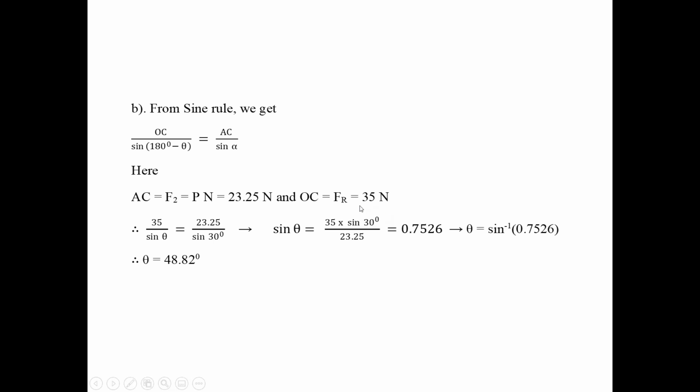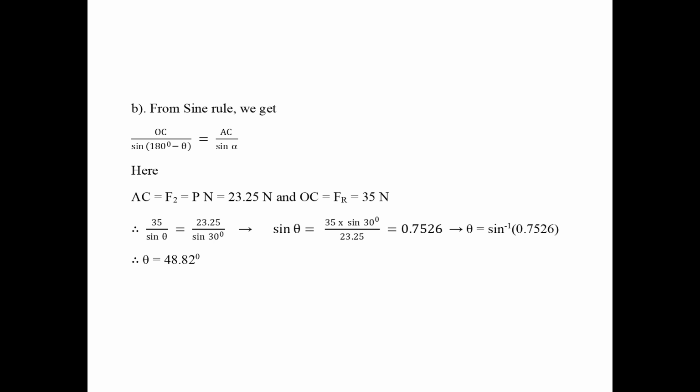So theta is equal to sine inverse 0.7526, which is 48.82 degrees. So in this problem, the angle between the forces F1, F2 is 48.82 degrees. The force F2 magnitude P Newton is equal to 23.25 newtons.